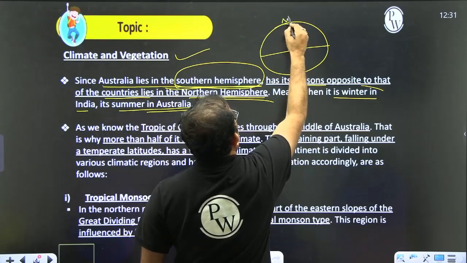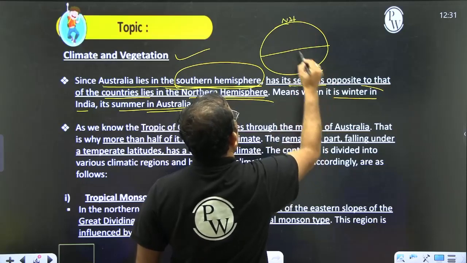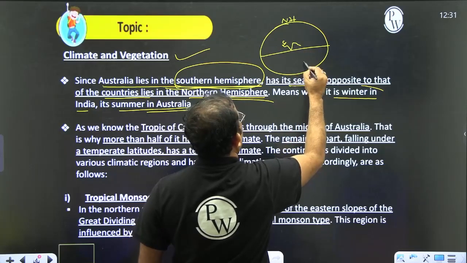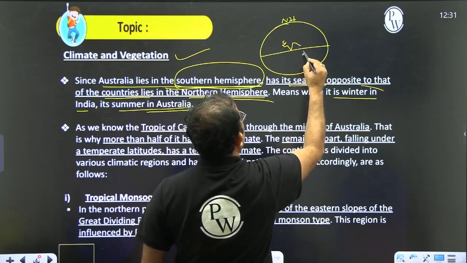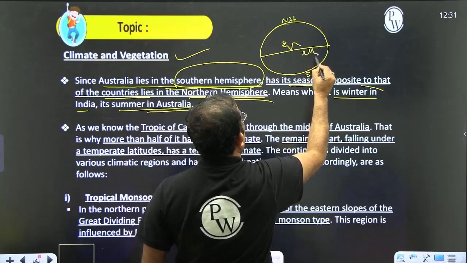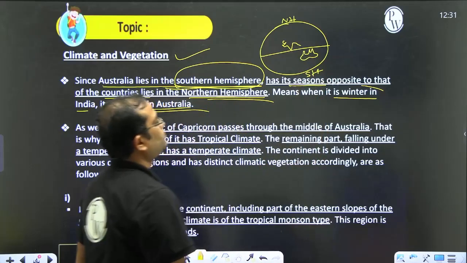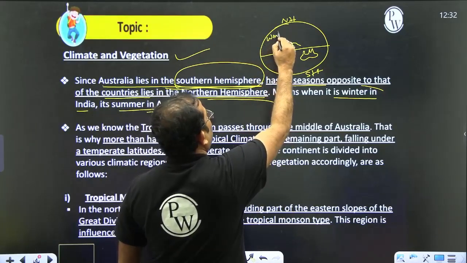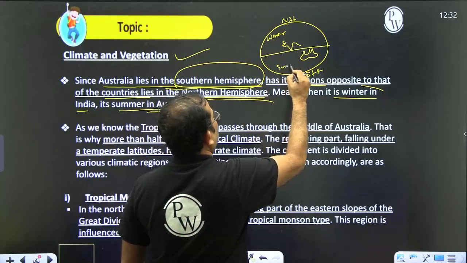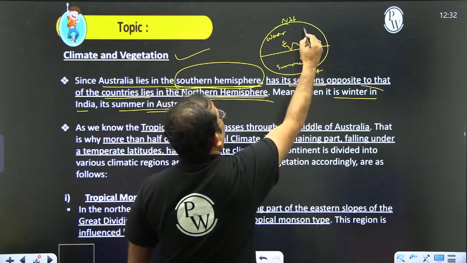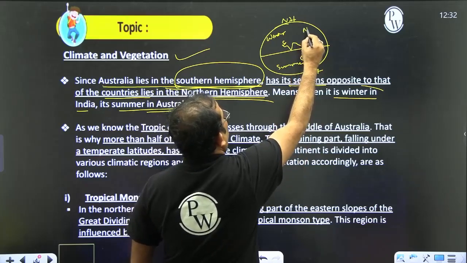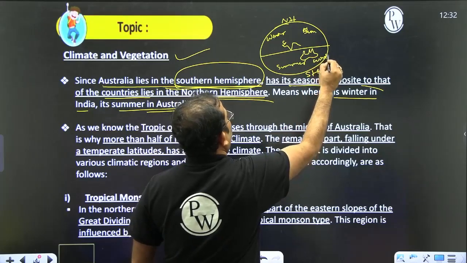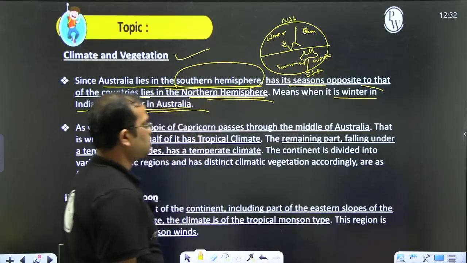Here this is your northern hemisphere and this is your southern hemisphere. India is here, in the northern hemisphere, and Australia is here. So when here it is winter, Australia has summer, and when it is summer here, it is winter there. So this is the segregation.